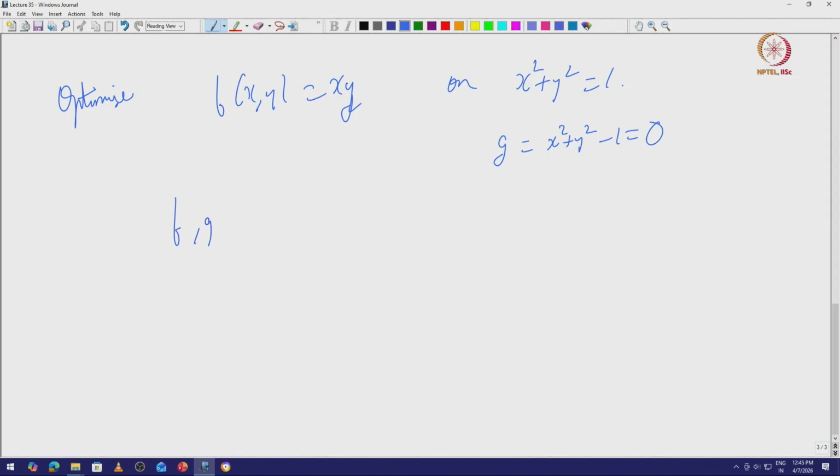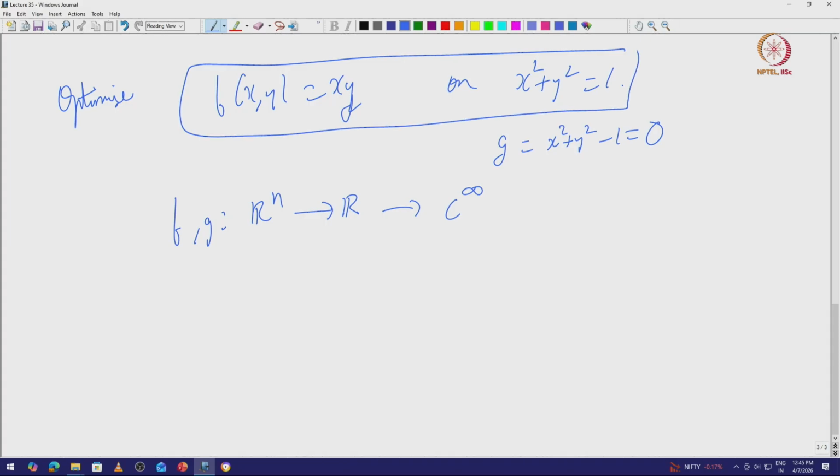Now f and g are defined on all of R^n to R, and they are smooth. What we want to do is to optimize this, right. This is a compact set, so there exists a global maximum of f on this set and a minimum on this set.